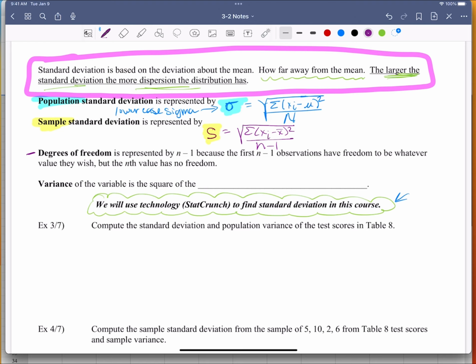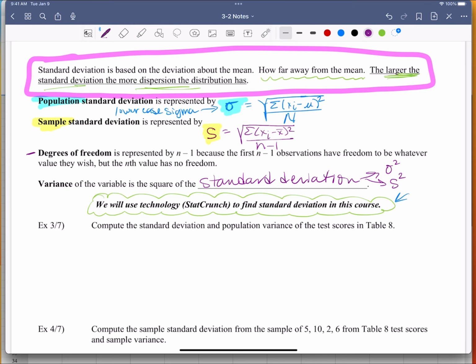However, your variance of the variable is the square of the standard deviation. So the population variance would be sigma squared. The sample variance would be S squared.